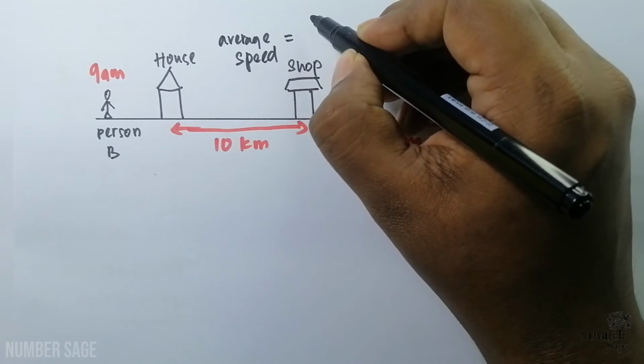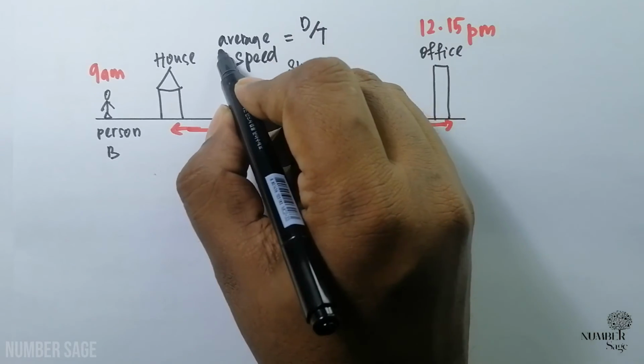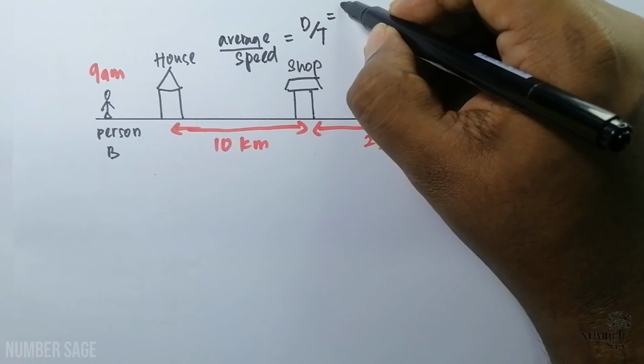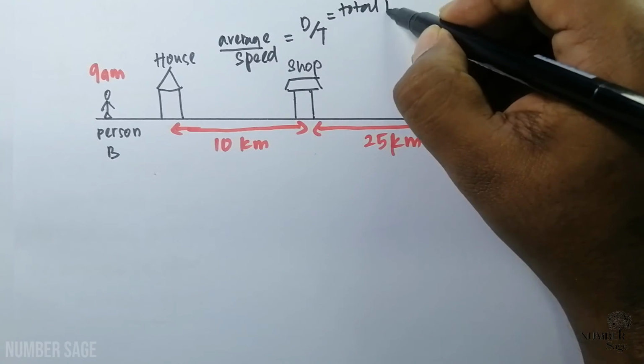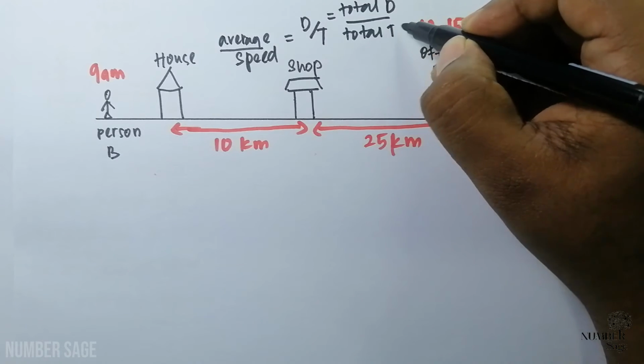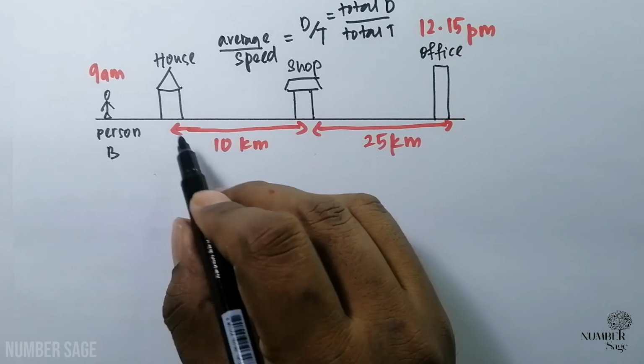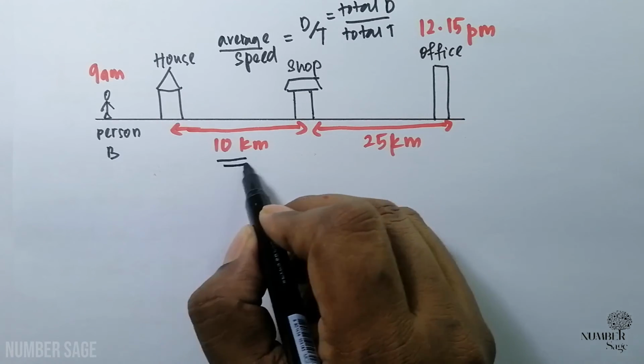The formula is still the same, d over t, but since it's average, we need to find the total distance over total time. So now let's find what is the total distance from house to his office. From house to shop, it's 10 kilometers.